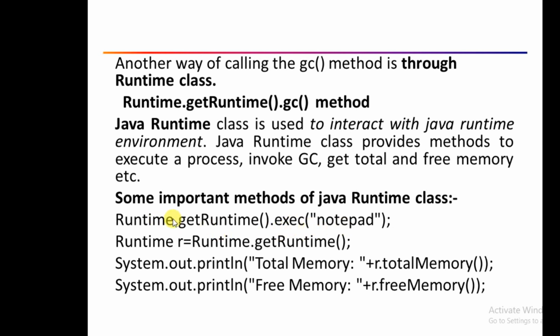Using Runtime.getRuntime(), we can execute some applications like this, Runtime.getRuntime().exec notepad, or we can run some other application. Also, there are many other methods, like if we create the object of Runtime class, we can calculate the total memory available in the system and the free memory available.